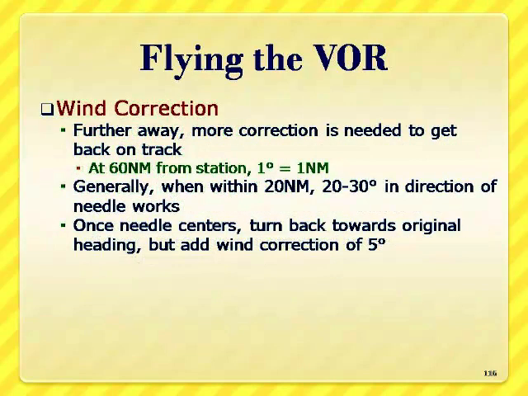Give wind correction, so more correction is needed to get back on track if there is wind. Generally, when within 20 nautical miles, 20 to 30 degrees in the direction of the needle works. Once the needle centers, turn back to the original heading, but add a wind correction of 5 degrees.